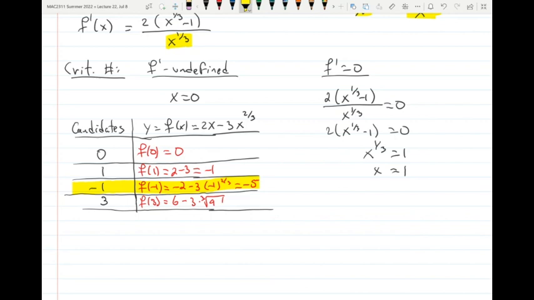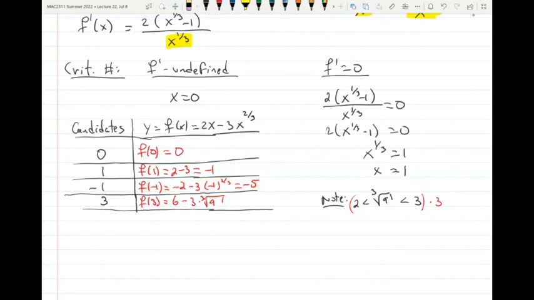Now the remaining ones are negative 1, 0, and f of 3. Note the cube root of 9 is definitely bigger than 2 because the cube root of 8 is 2, but it's less than 3 because the cube root of 27 is 3. Actually, it's going to be negative, not positive.